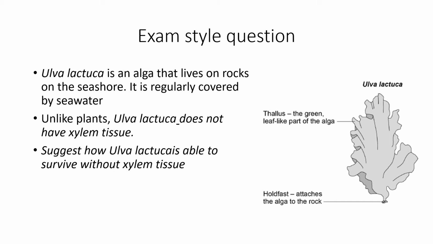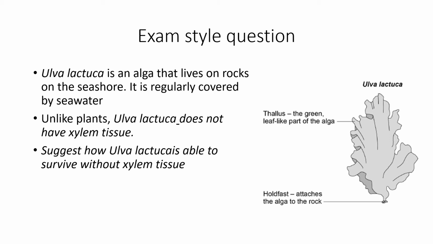The second bullet point, it says that it doesn't have a xylem tissue, so immediately I know it doesn't have a transport system. So when I get to the question about suggest how it's able to survive without the xylem tissue, well, what we've got there is a case of transport systems are needed in larger organisms because the rate of diffusion is so slow that it's not going to provide an adequate supply of substances.